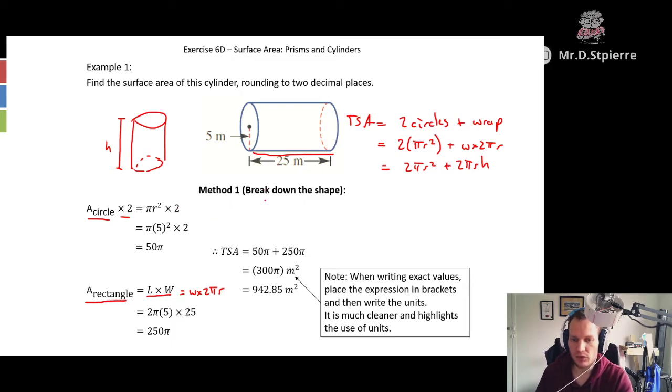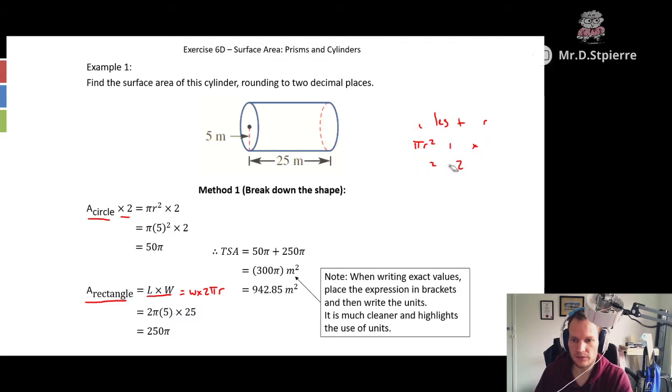Now method 1, breaking down the shape. Let's look at the individual faces. Let's get some color going. So what do we have? Well, we have that circle there. We also have that circle there that we can't really see, but it exists there.